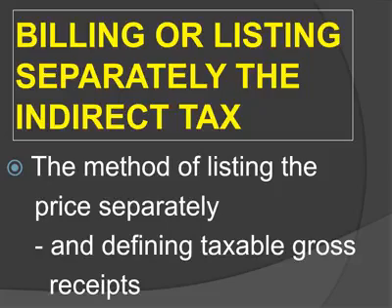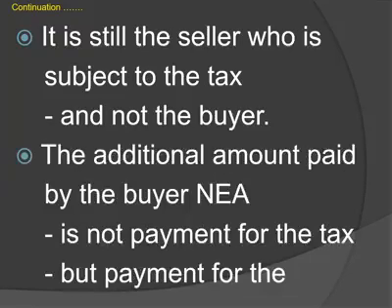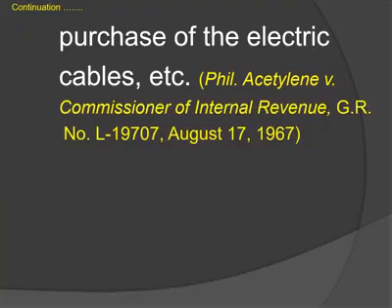The method of listing the price separately and defining taxable gross receipts as the amount received less the amount of the tax added merely avoids payment by the seller of a tax on the amount of the tax. It is still the seller who is subject to the tax and not the buyer. So in the case of Philippine Acetylene, the Supreme Court held that the additional amount paid by the buyer, NEA, is not payment for the tax, but payment for the purchase of the electric cables.